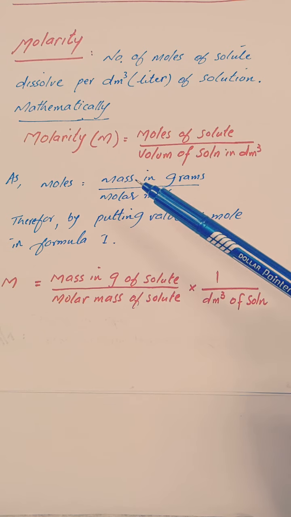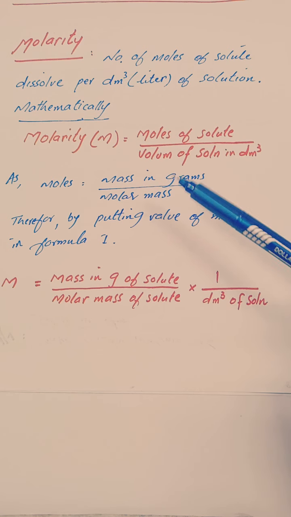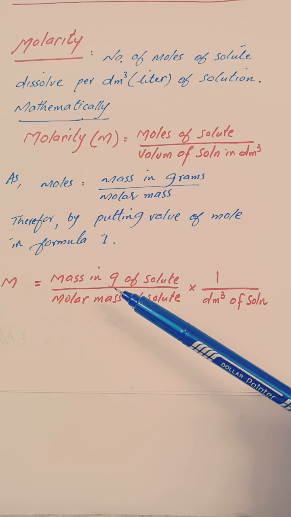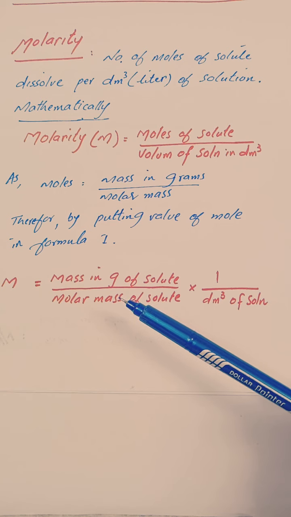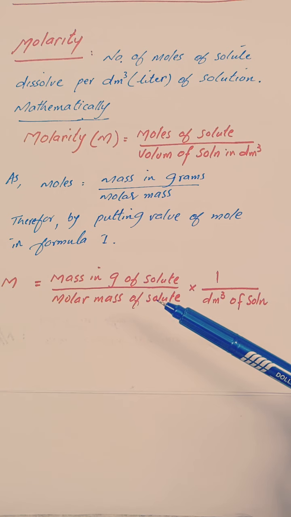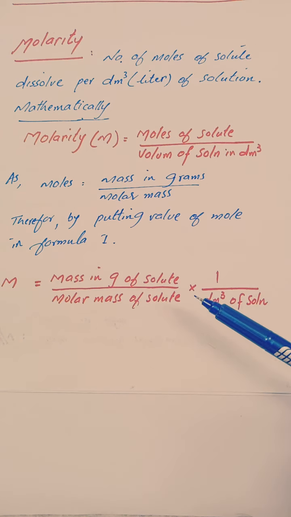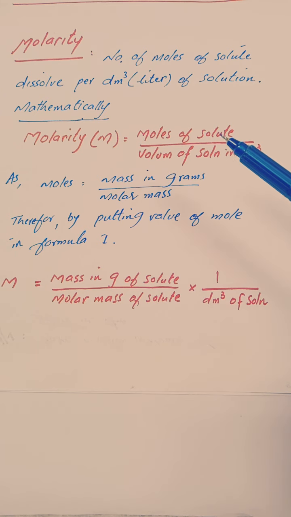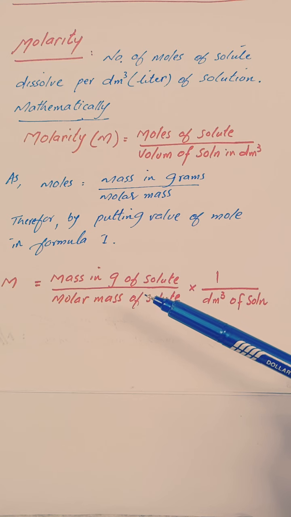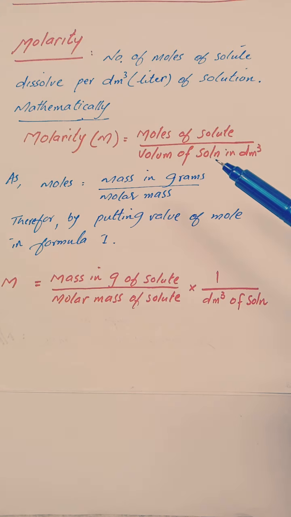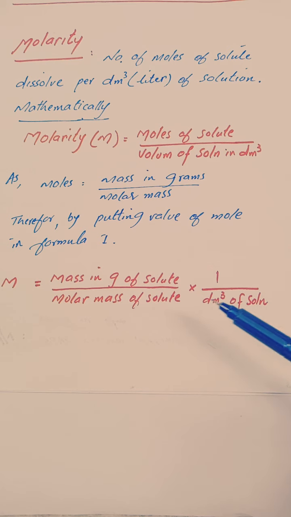By putting the value of moles, which is mass in gram divided by molar mass, molarity is equal to mass in gram of solute divided by molar mass of solute divided by decimeter cube of solution. So the value of mole is mass in gram divided by molar mass, and the volume of solution is in division, so it is 1 divided by decimeter cube of solution.